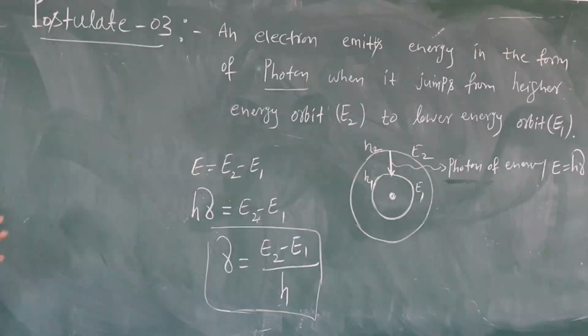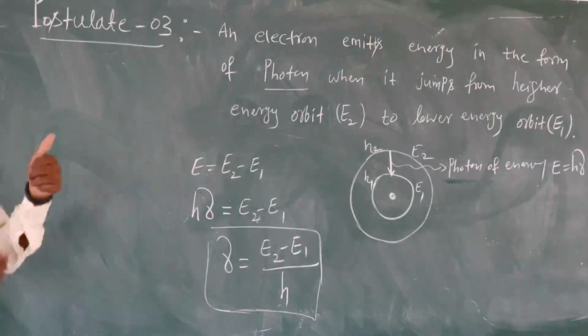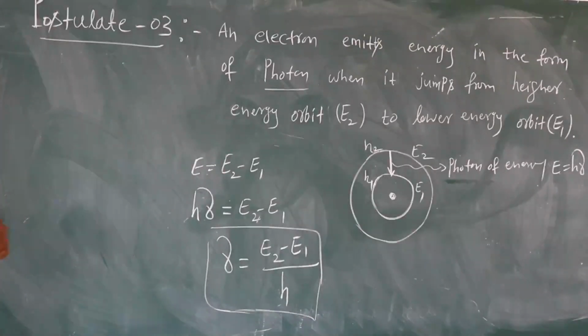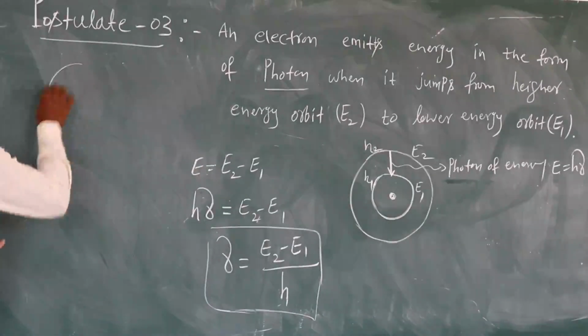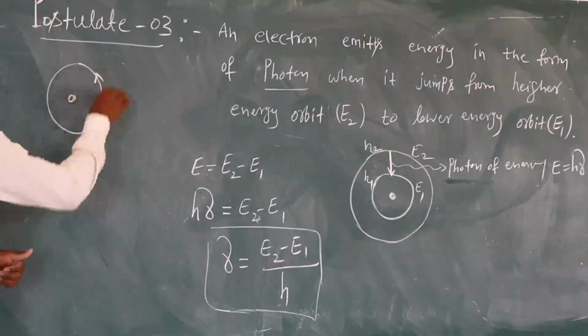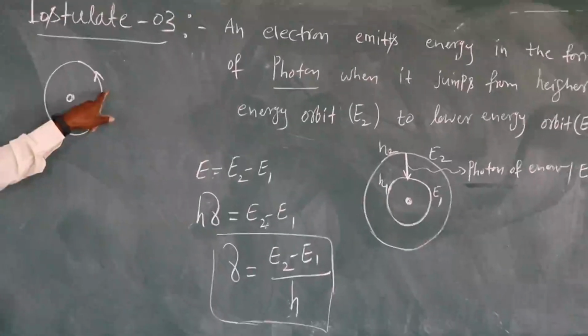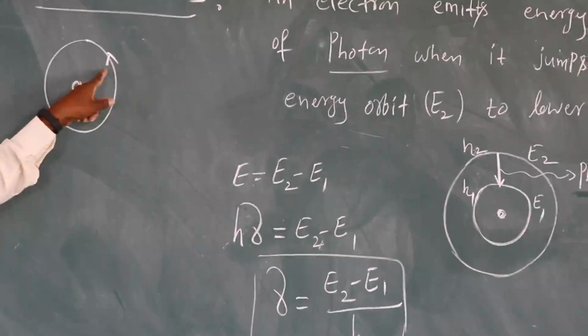Once again, I want to repeat these three postulates. First one is an electron revolving around the nucleus in a certain orbit without emitting or absorbing energy, that is called a stable orbit.